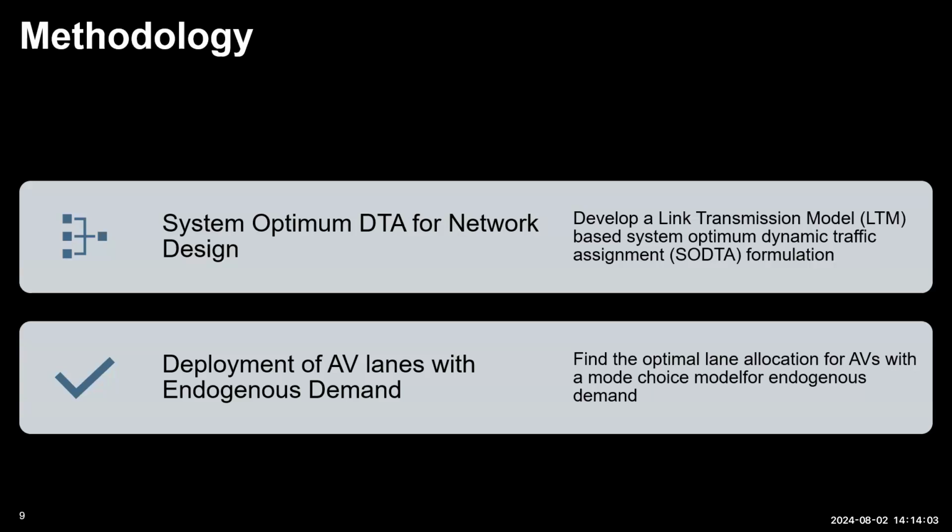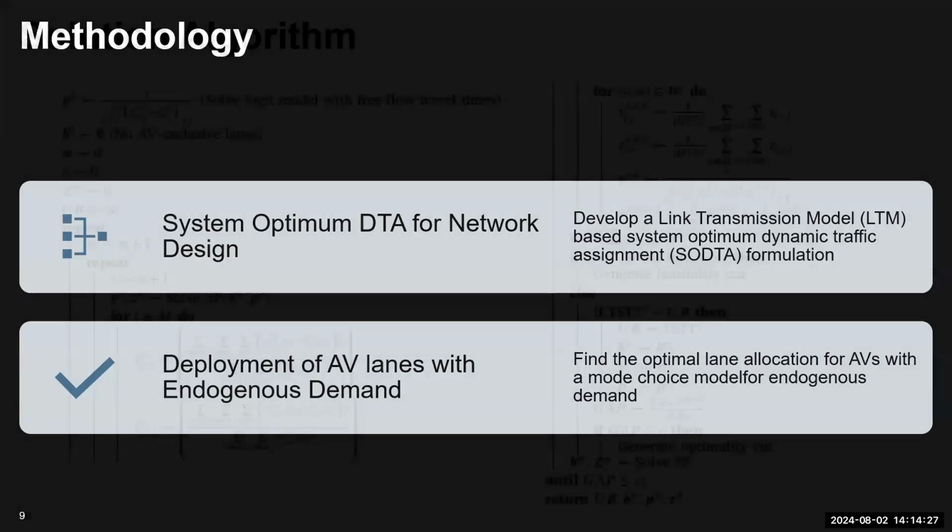And then the deployment of AV lanes with endogenous demand, which is how the demand reacts to the performance of the network in the long run, and how it can influence the uptake of these connected and autonomous vehicles. That was the second part of this research study.